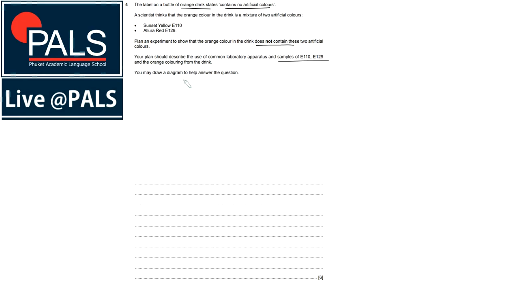So the experiment that we will do here is something like perform a chromatography test or something like this. Then we can use the space up here to draw.